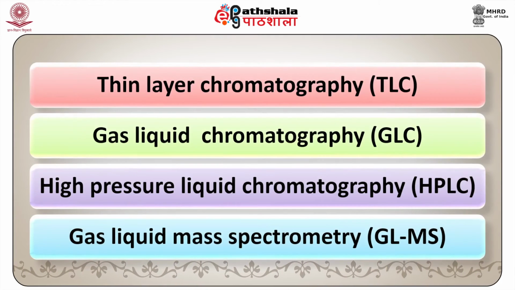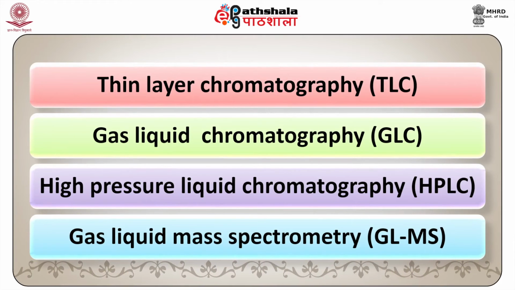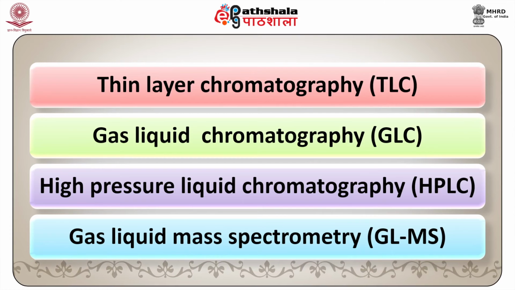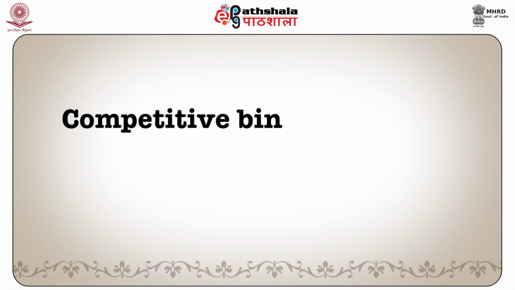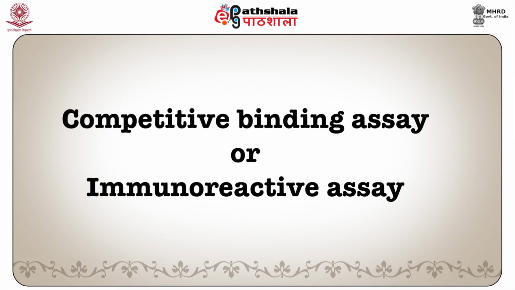The chromatographic techniques are based on the migration of compounds on the adsorbent, that is the solid phase, by a mobile phase. It includes thin layer chromatography, gas liquid chromatography or GLC, high pressure liquid chromatography or HPLC, and gas liquid mass spectrometry or GLMS. Third is the competitive binding assay, or the immunoreactive assay.